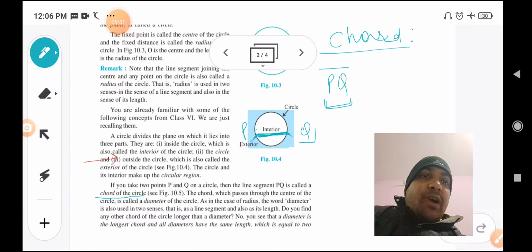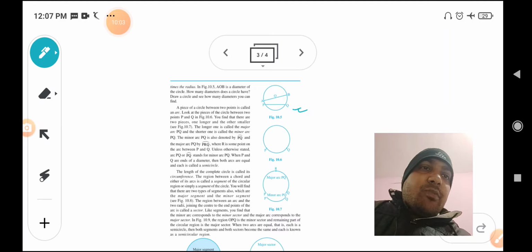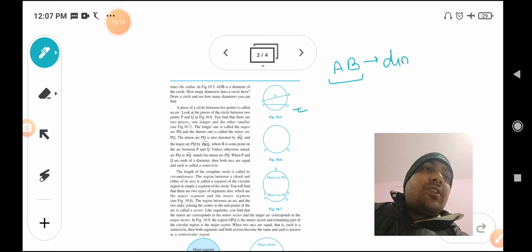The chord which passes through the center of the circle is called a diameter of the circle. See here, this chord PQ is not passing through the center. The chord which is passing through the center, this is AOB, means AB is a chord passing through center, known as diameter of a circle.